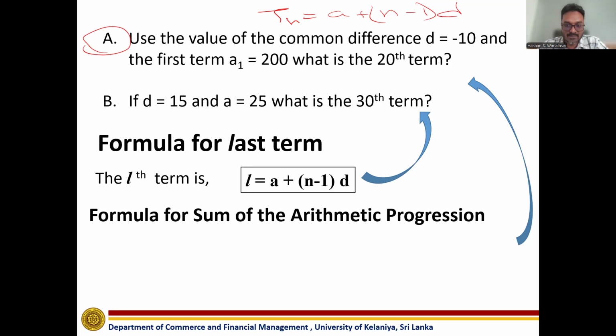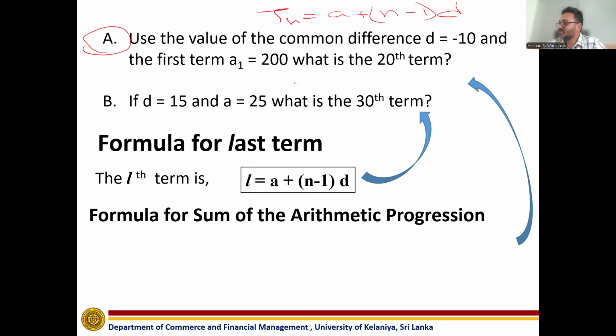Right. So the answer, we can say the answer is 10. Use the common difference d equals minus 10, and the first term is 200. So then the 20th term, how can we get this?